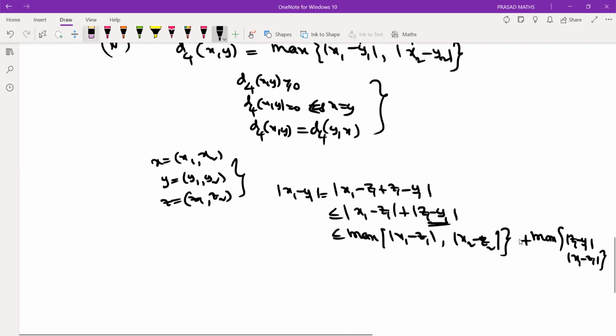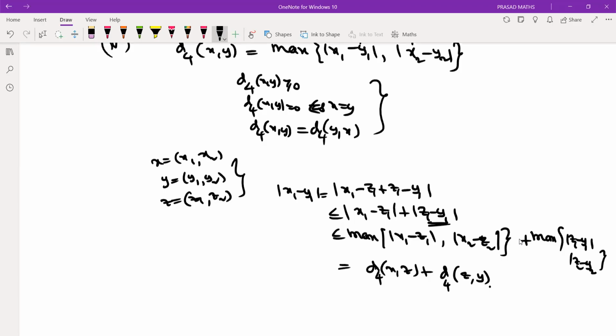What is this? You can write this as one term, keep it as it is. So this is exactly the distance between x comma z. This is nothing but the distance d4 of z comma y. Therefore, this term is less than or equal to this.